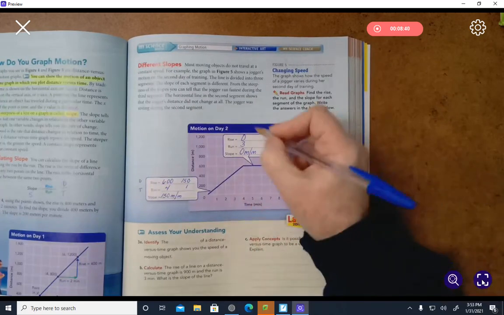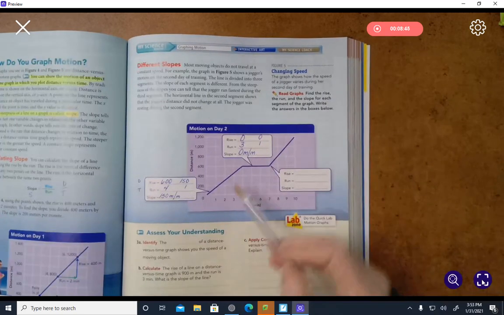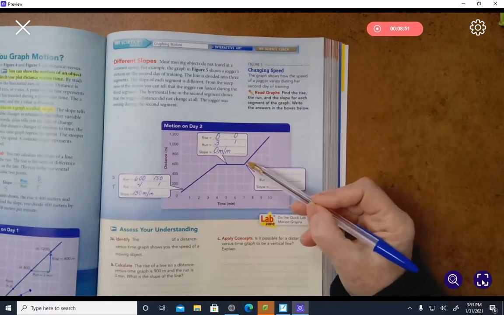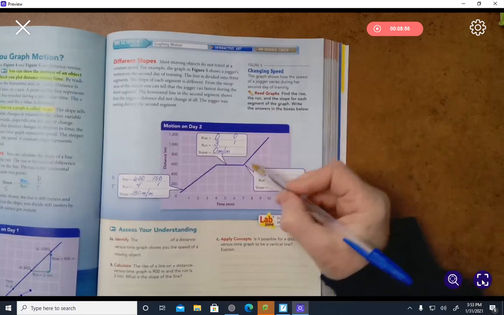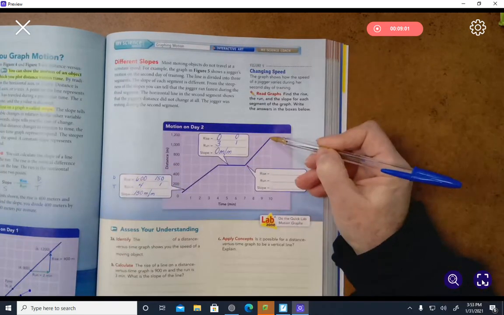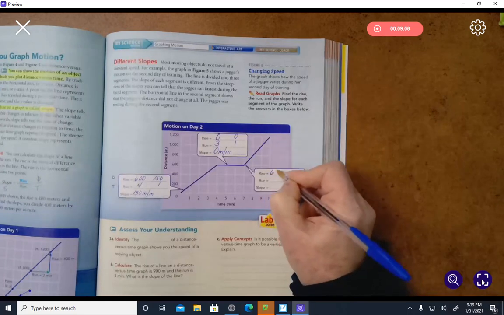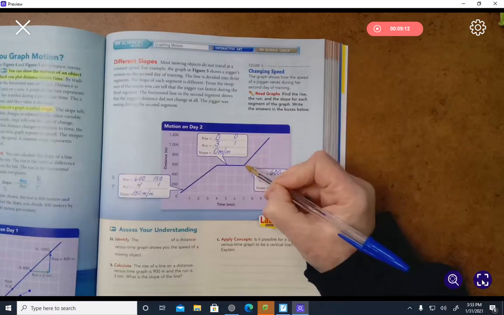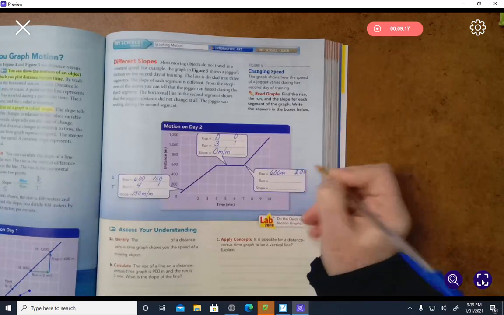They did a 0 and a 1 and still came up with the 0 because of each little segment of the graph. Here, the rise, how much does it go up? I did, it went from 600 to 1200. So the rise would be, it went up 600 meters. And I'm going to guess that the answer in the book, it went from 600 to 800, is probably going to be 200.